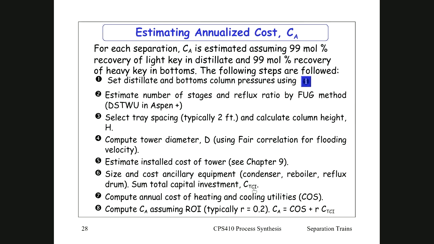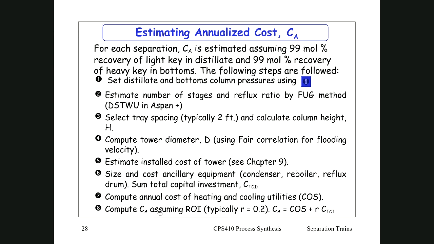So for each of those four columns, you'll be able to get the total capital investment. And then you can add the cost of the heating and cooling utilities. That COS stands for cost of sales. Cost of sales is a running cost, essentially.